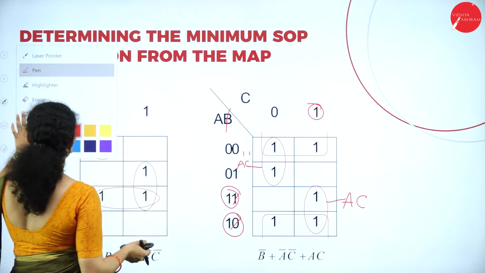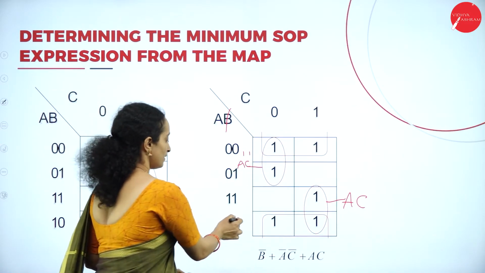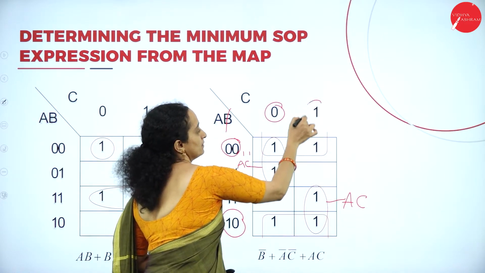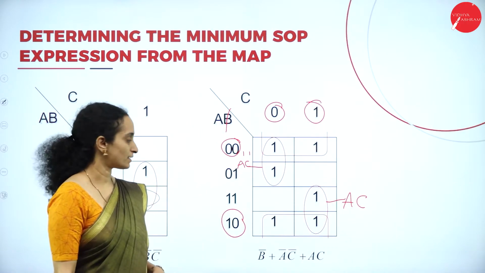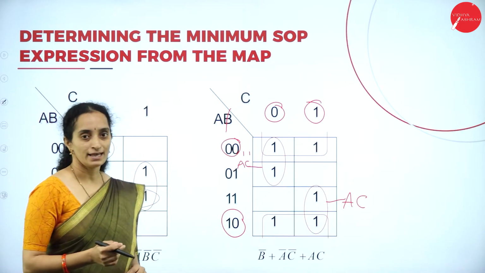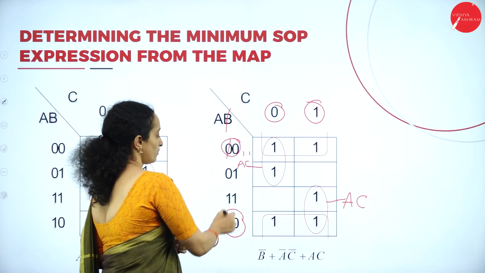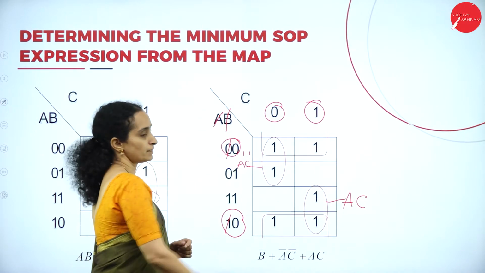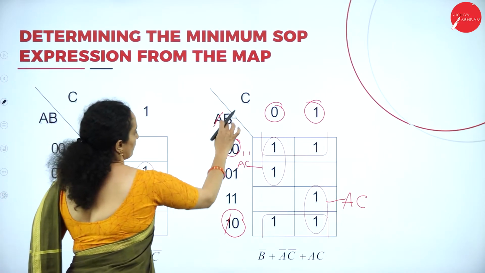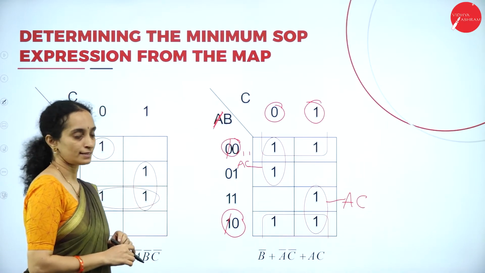When you look at the third group, it has 4 ones. Now you have to check these two variables and these two combinations. If you look at this combination, the variable A is having complement and non-complement form. This will be cancelled. That means variable A is cancelled.